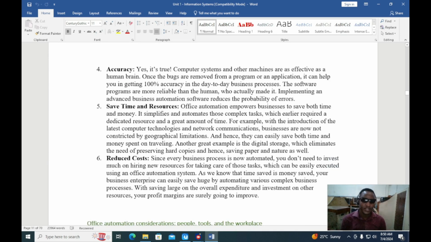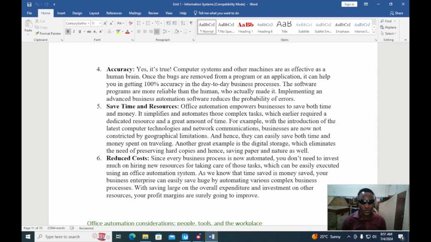Then there is accuracy. Yes, one of the characteristics of computer systems is that they are accurate. They are as effective as the human brain. So if you remove any bugs or errors from a program or an application, then it is going to help you in getting 100% accuracy in the day-to-day business processes.